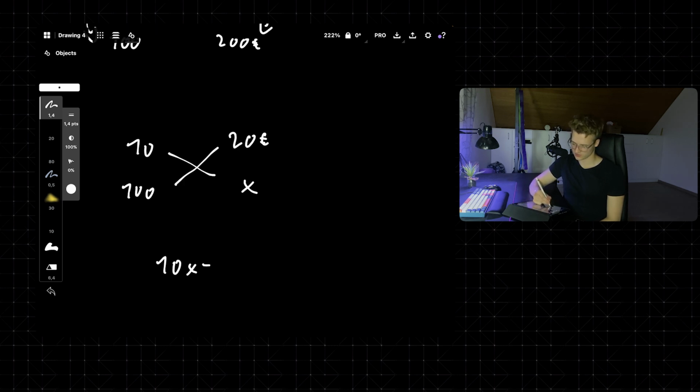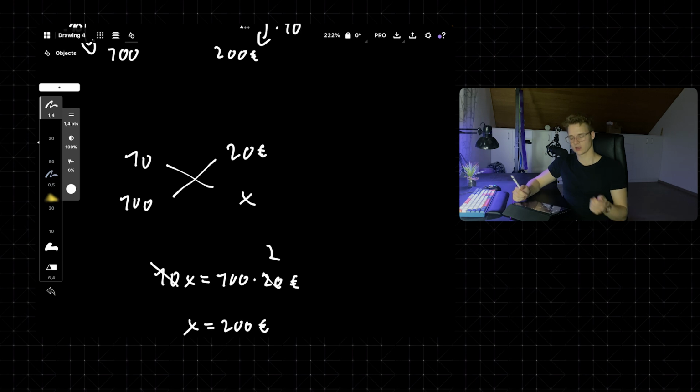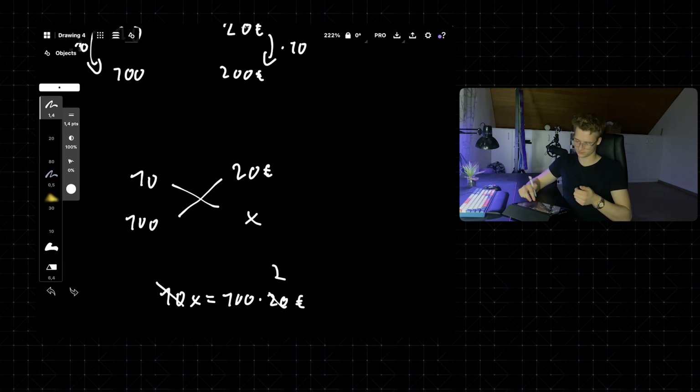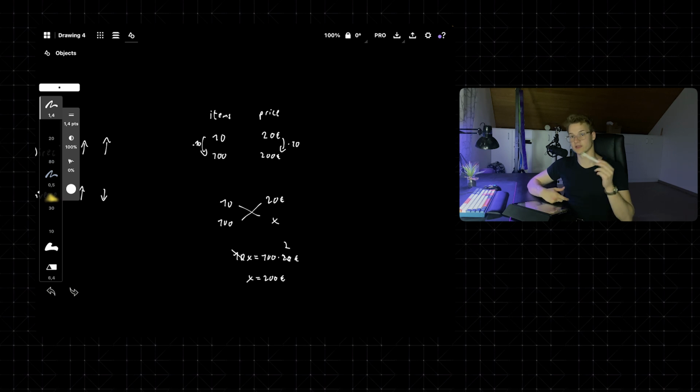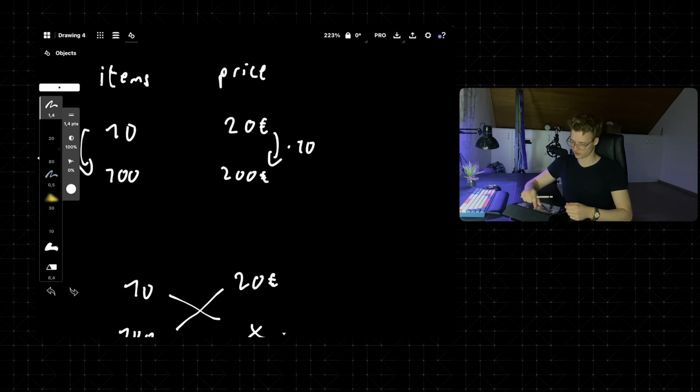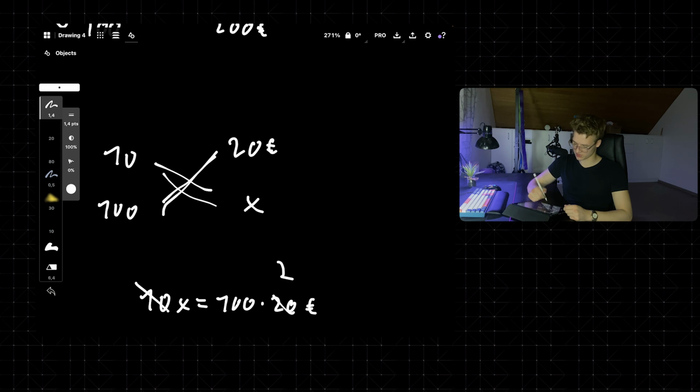So 10X is 100 times 20 euros. And then you divide by 10, so you only get X. So it's going to be 2. And X is going to be equal to 200 euros. And that's the same thing. So you have the two options. And this is for a direct proportion. So a direct proportion, you're gonna cross multiply them like this.